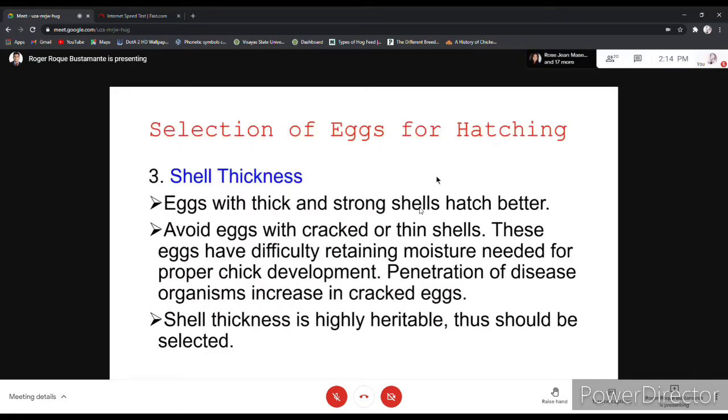So you have to determine what specific period of their laying season they are in: whether they have just started laying eggs, are in mid-life production, or are in late-life production. So all those things need to be considered.